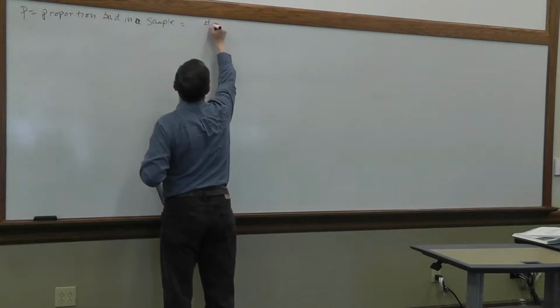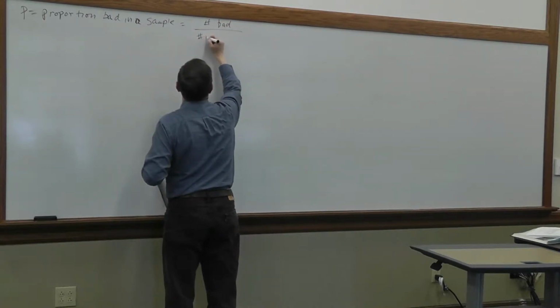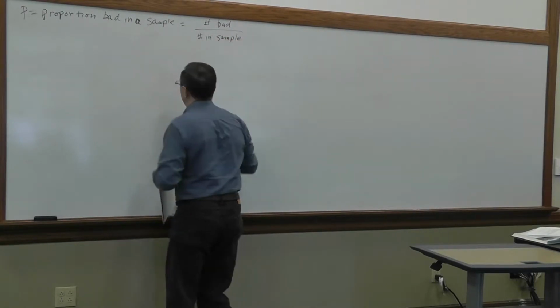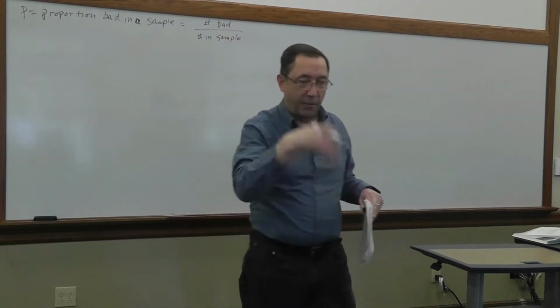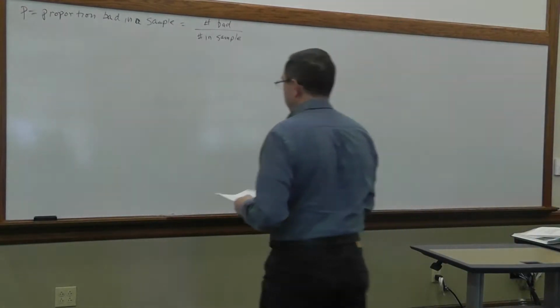And that's just the number bad or defective in the sample divided by the total number in the sample. You get a proportion. You multiply the proportion times 100, you get the percentage. But we're working with proportions.